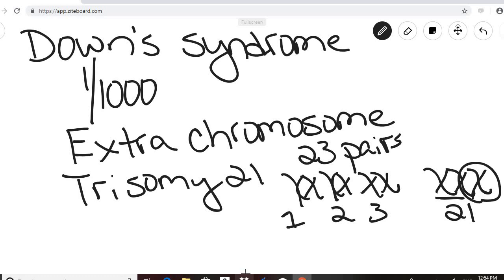And that extra chromosome is what causes the characteristics of a Down syndrome child. And as I said, it could either be the sperm that has an extra chromosome, or it could be the egg. But it's just the extra chromosome that leads to the characteristics of Down syndrome.